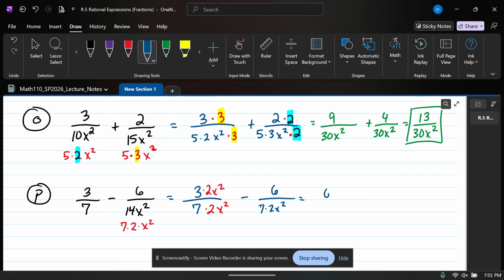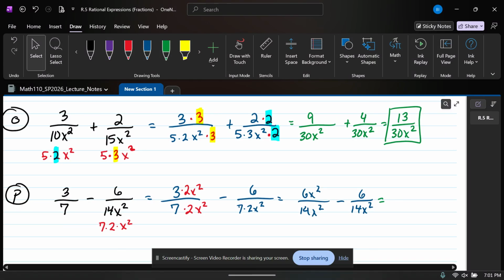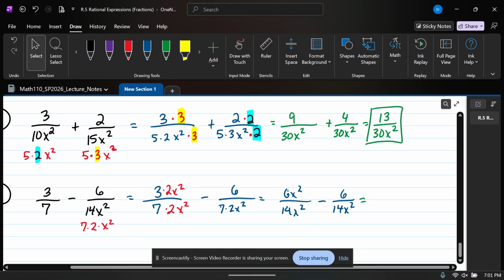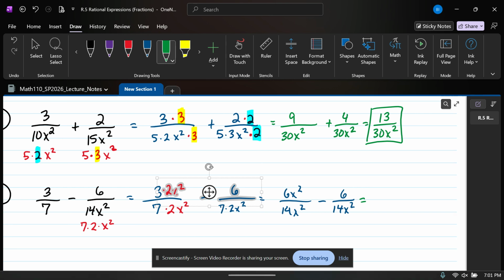So that's going to be 6x squared over 14x squared minus 6 over 14x squared, which is going to equal, now, to be like terms, you've got to have the same letters and exponents on the letters. So when you rewrite this, it's just going to be 6x squared minus 6 over 14x squared.